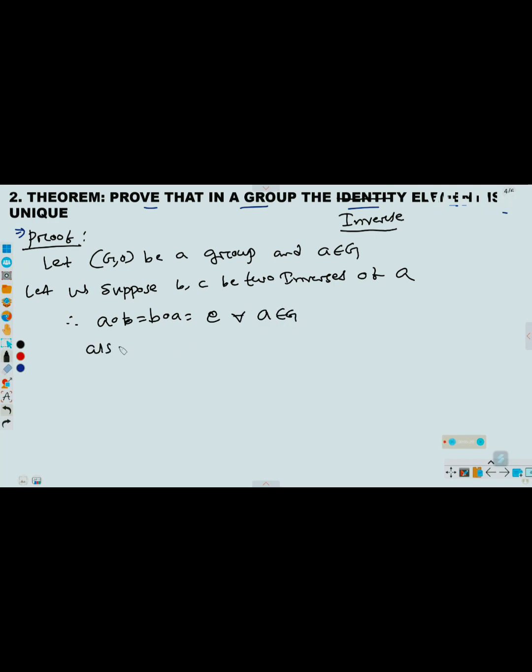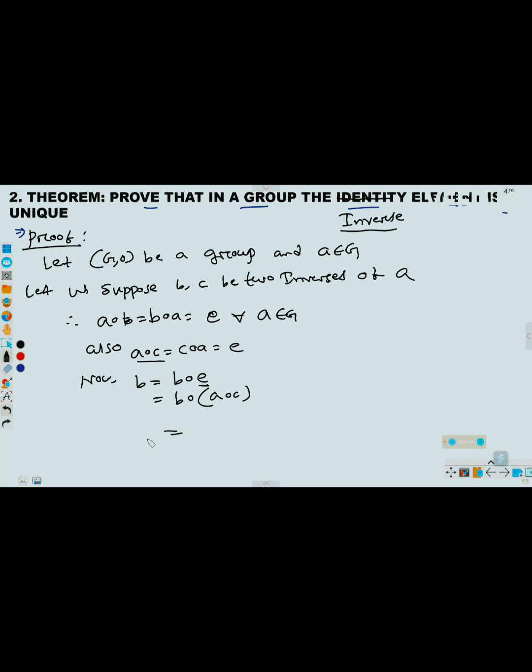Also, we can say A compose C is equal to C compose A, which is also equal to E. Now, see, we can say B equals B compose E. This is very obvious. So, this is equal to B compose, and in place of E we can write A compose C. So we get B compose (A compose C).